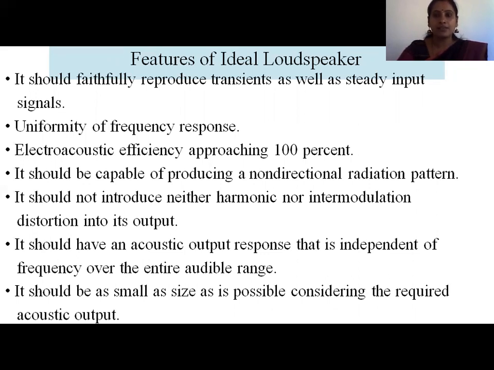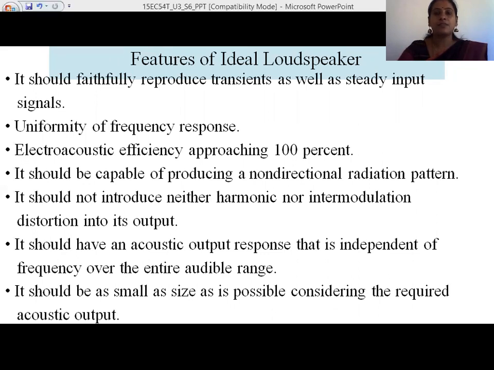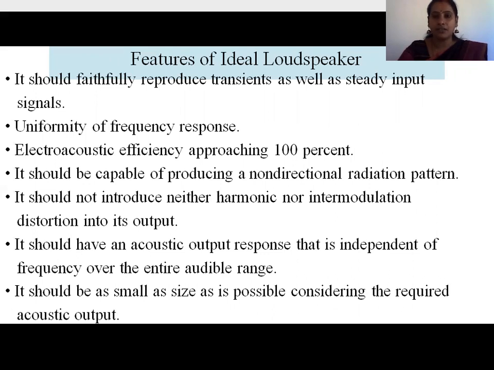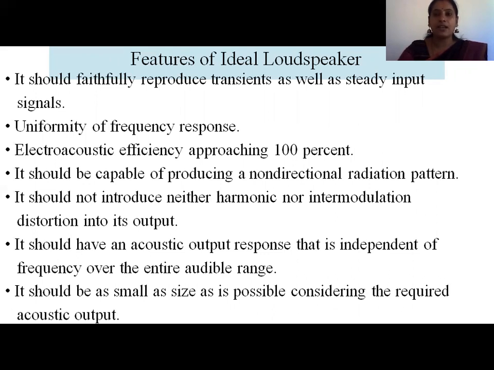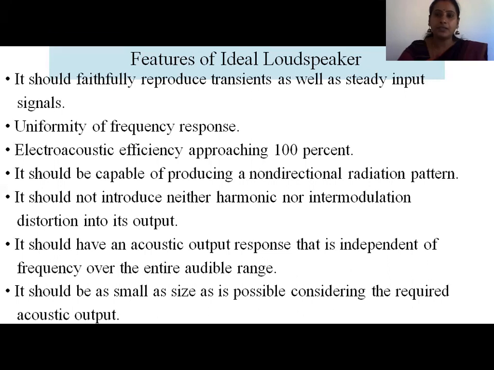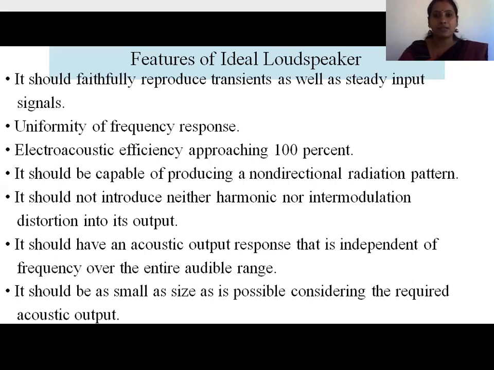If the sound has to be spread out, then any loudspeaker must produce a non-directional pattern. In this case, the loudspeaker can spread the sound waves in all 360 degrees so that in an open area, it can be heard by all participants.